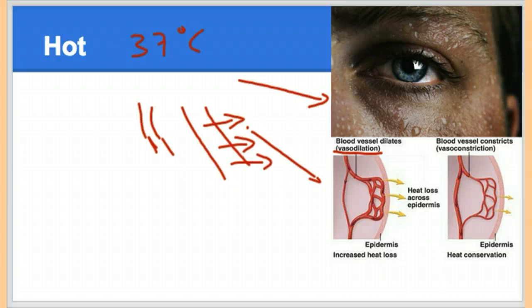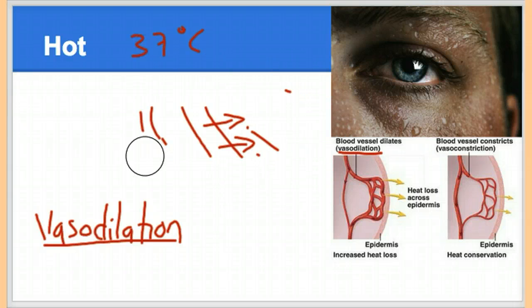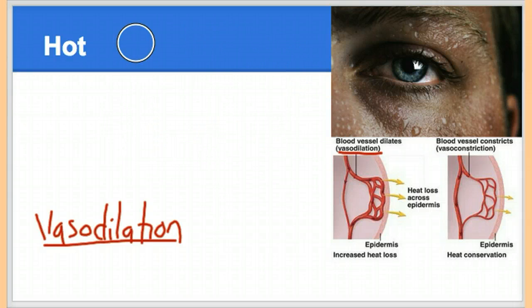And I'm going to write that word, V-A-S-O-D-I-L-A-T-I-O-N. So two things that your body does to cool itself down when it's too hot, so it can maintain an internal balance or maintain homeostasis, are sweating, and also the blood vessel dilates or gets bigger, and this is called vasodilation.